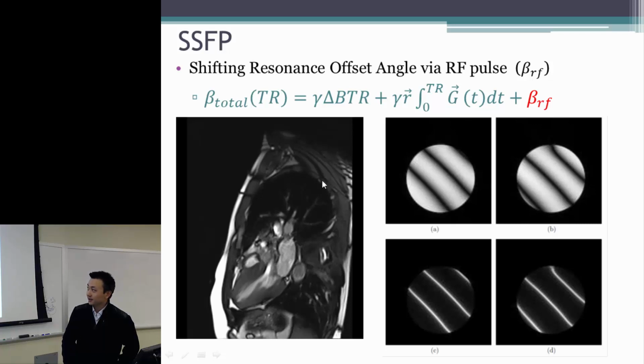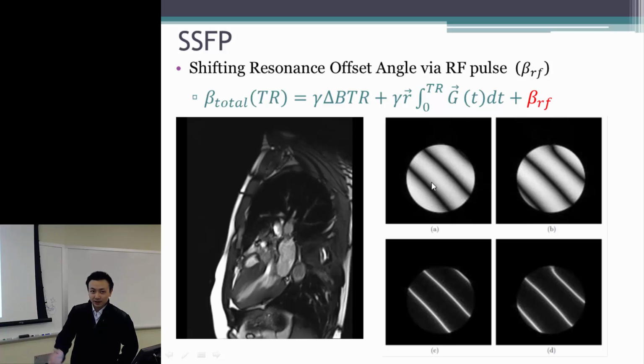So we can see that there are multiple bands. This is because there is a rapid field change here, and that caused the resonance offset angle to change rapidly.